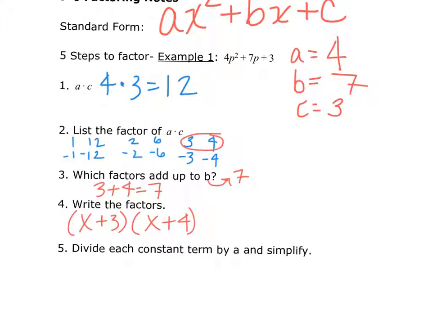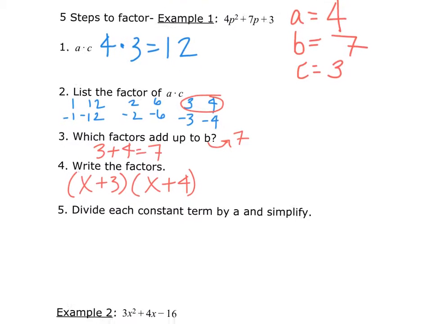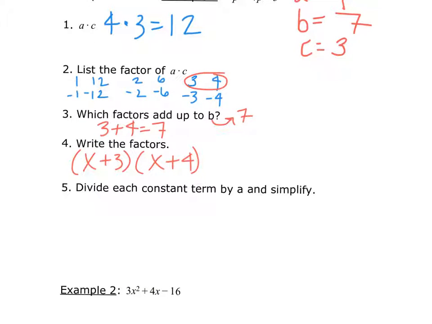You ready for that? All right. So I'm going to say x plus 3, x plus 4, but I'm going to divide by a. What was a? 4. So 3 divided by 4, 4 divided by 4.